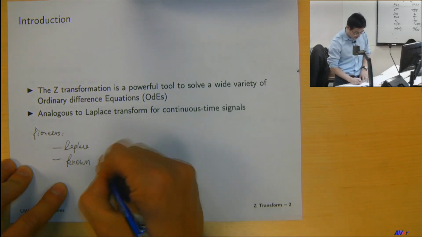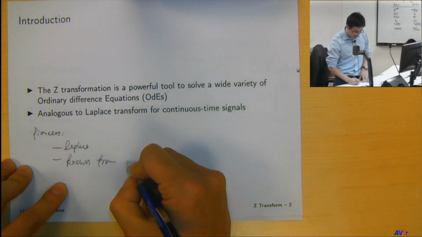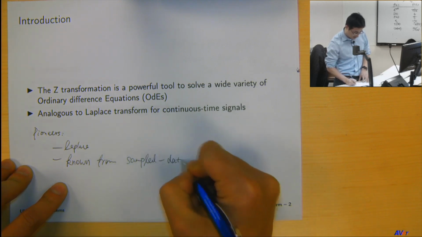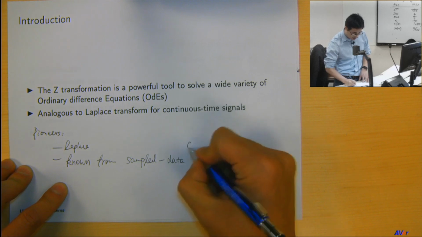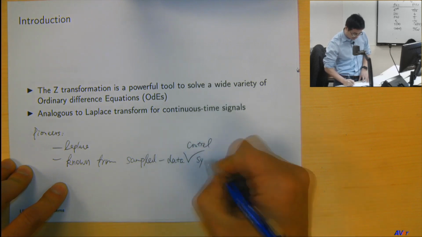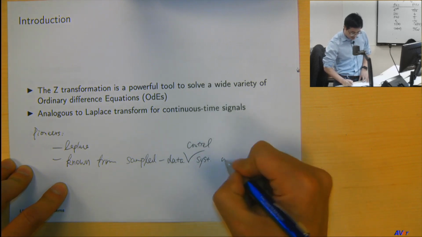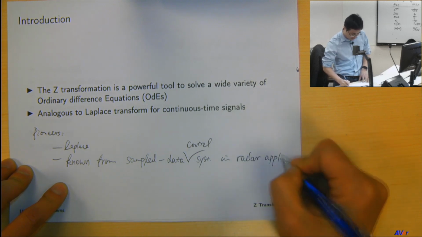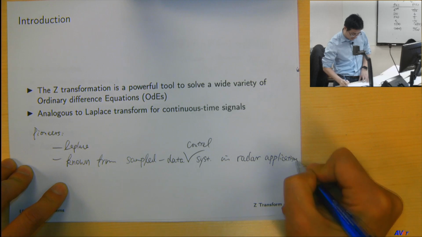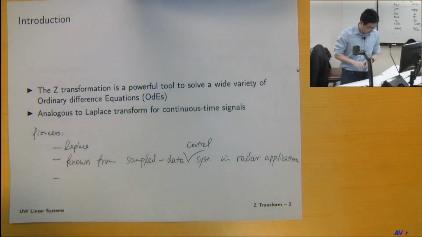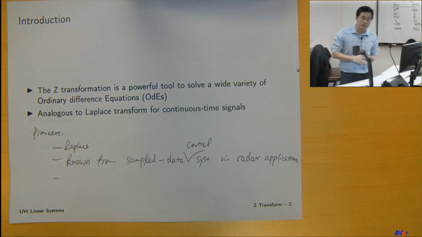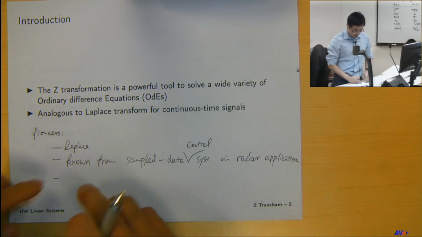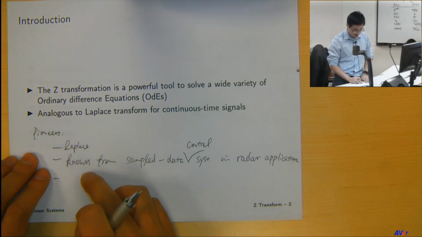It is known from sampled data control systems in radar applications. The name Z transform comes from one of the pioneers who worked a lot on the Z transform in the early days.